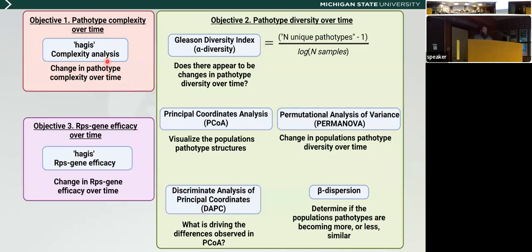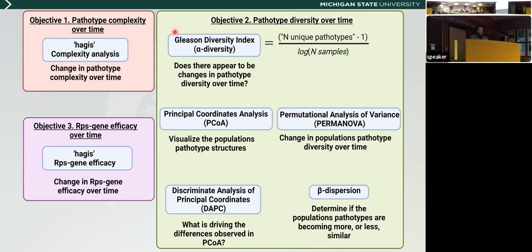So going back to our objectives, objective 1, pathotype complexity over time. To perform this, we used the Haggis R package. Objective 2 was looking at pathotype diversity over time. Have pathotypes gotten more diverse, or are they getting less diverse over time?